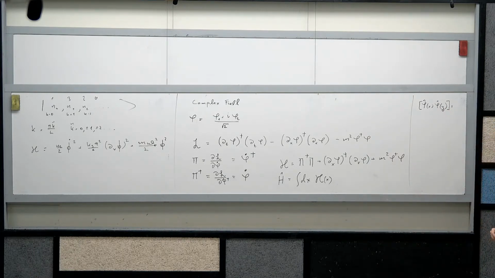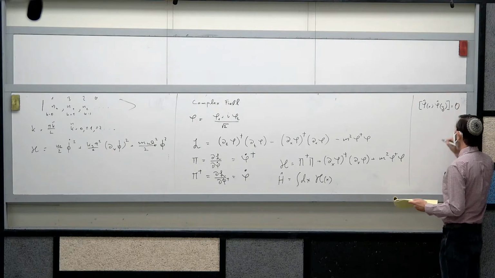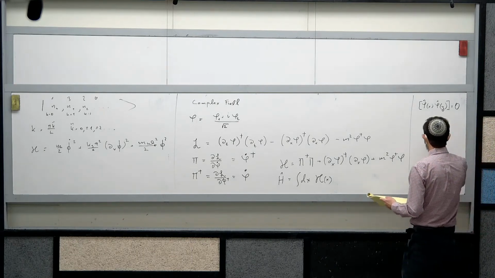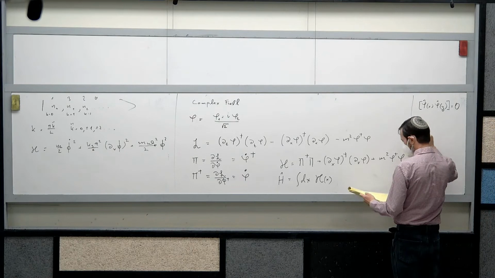Someone could guess. Right, 0. Every time that I have the same operator at two different points, the commutation is 0. Which is also this case.